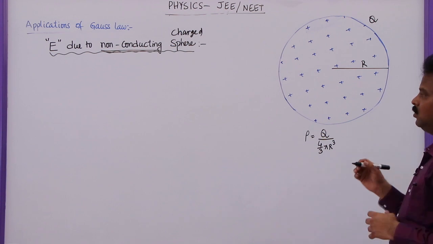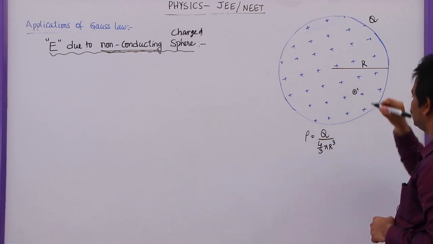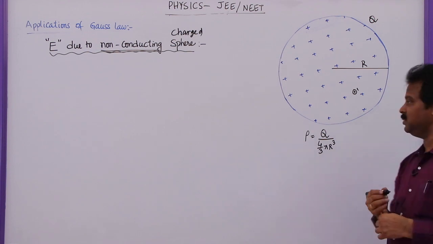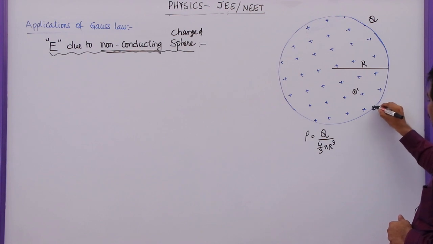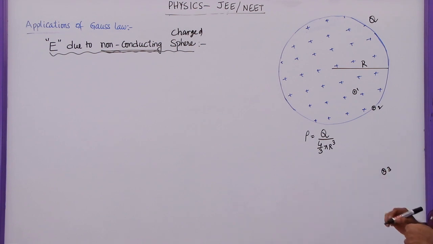Now I wish to find out electric field similar to the previous case, within the charged sphere, that is inside the charged sphere, one more on the surface of the charged sphere, and one more at a point away from this one, point 3. I wish to find out electric field at 3 different points.